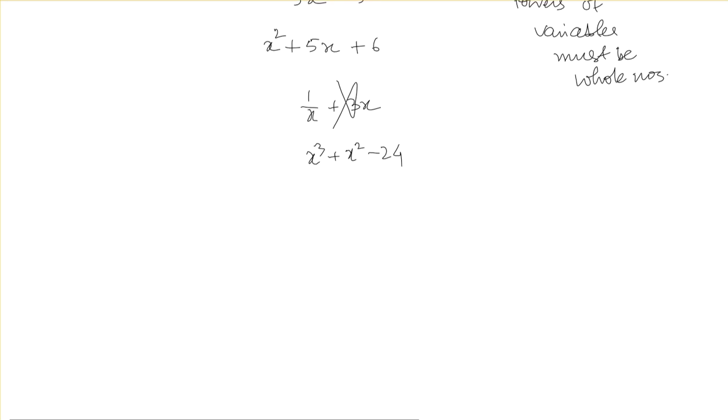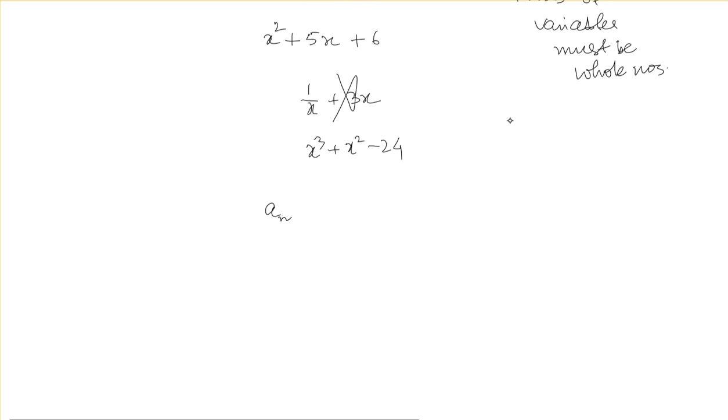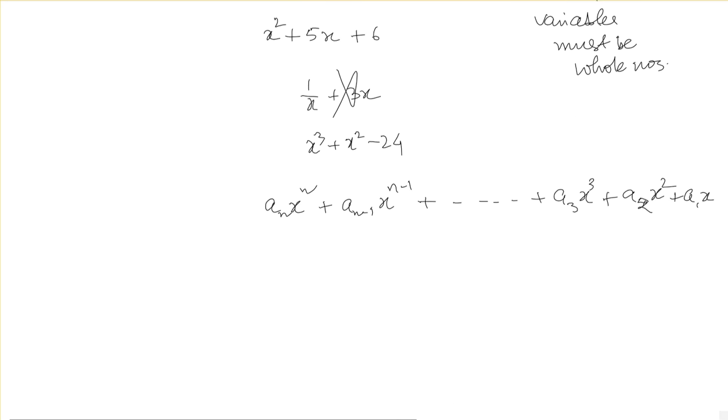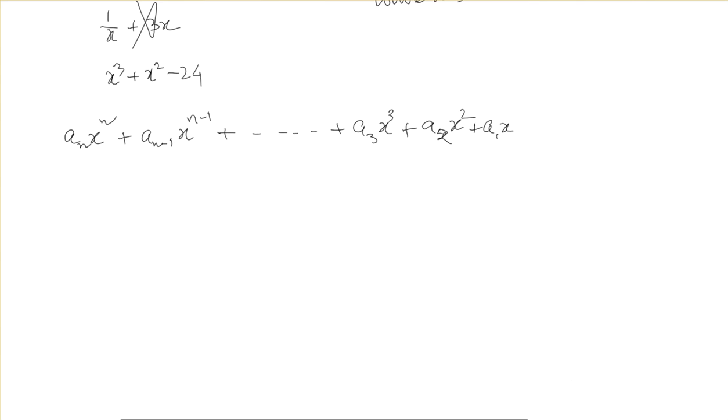A general form of polynomial is a n x raised to the power n plus a n minus 1 x raised to the power n minus 1, and so on, a 3x cube, a 2x square, a 1x, and a naught.